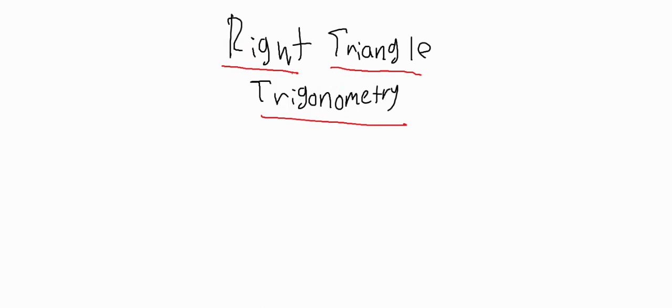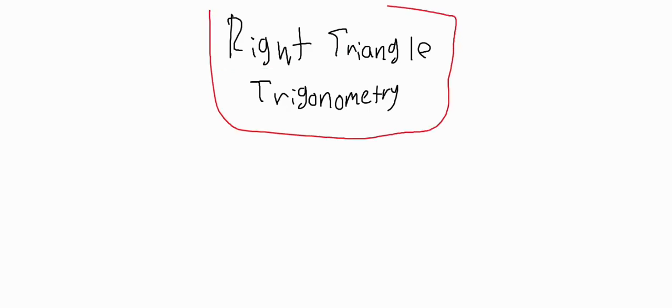And then what does a right triangle mean, both mathematically and in real life? We interconnect all of them: what does right triangle trigonometry mean in real life and in mathematics?